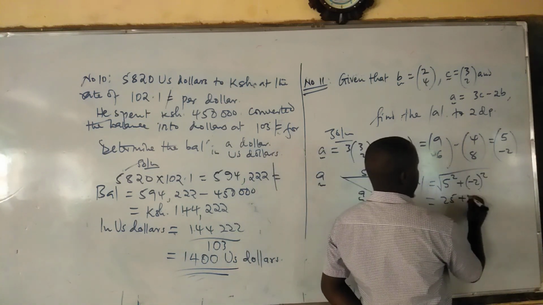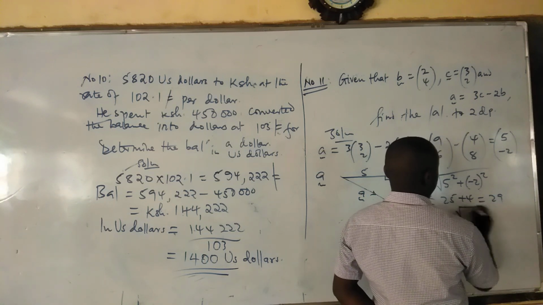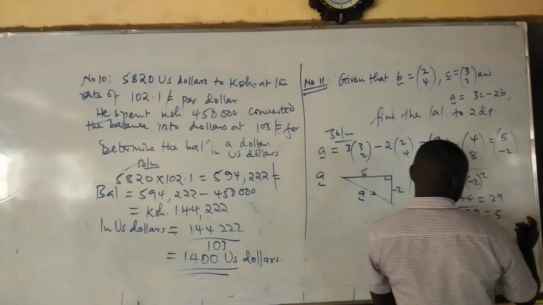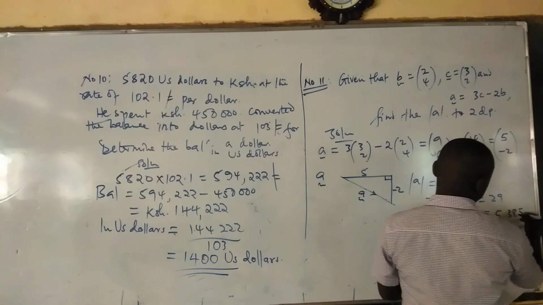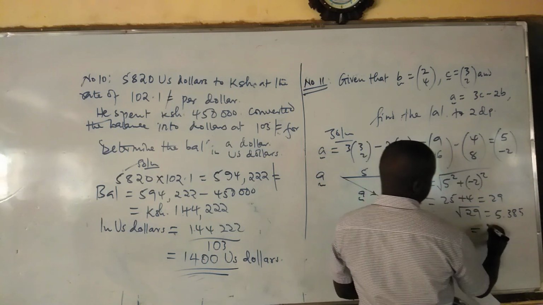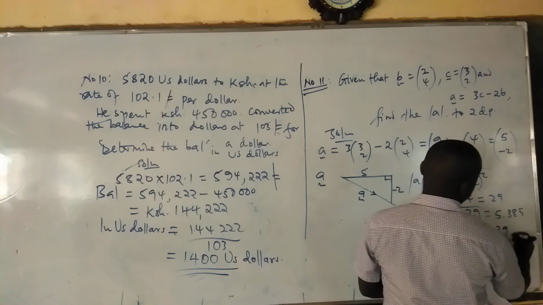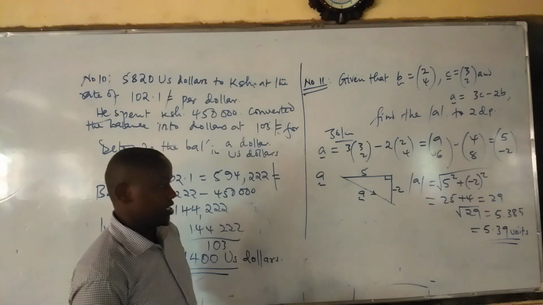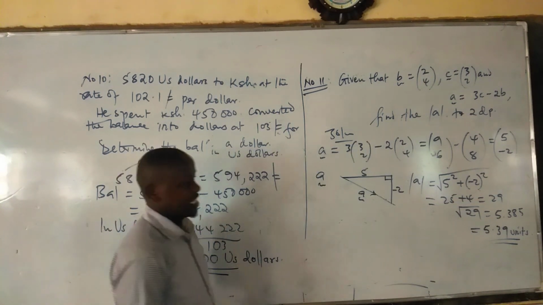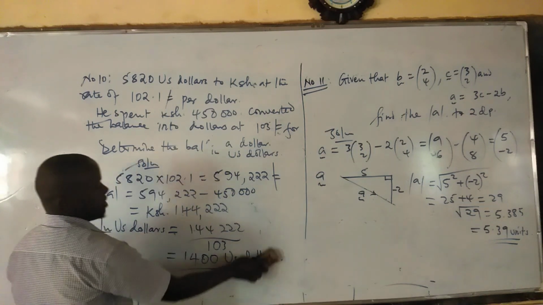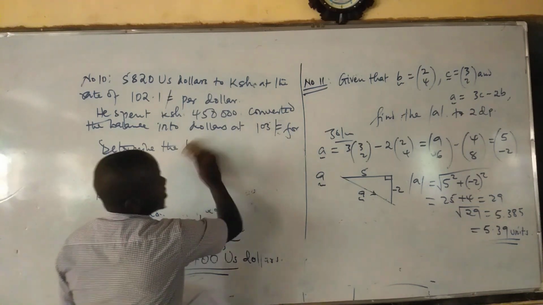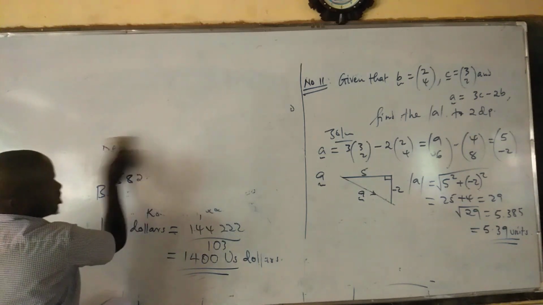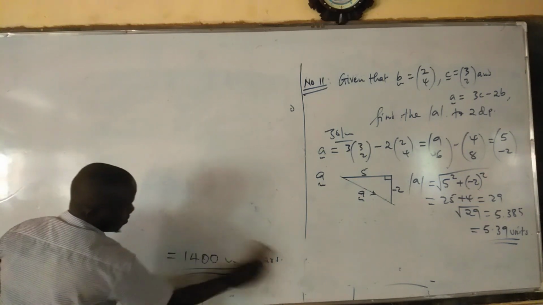Therefore, 25 plus 4 is 29. The square root of 29 is 5.385. To 2 decimal places, it will be 5.39 units. Therefore, the magnitude, or the length or the size of vector A, will be 5.39 units. You can check number 12 also.